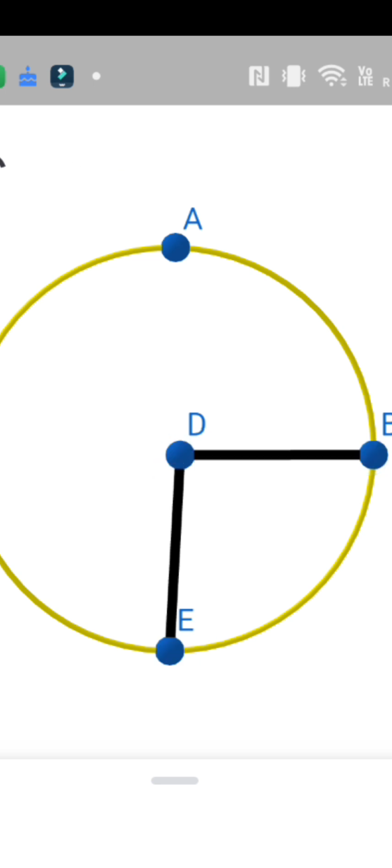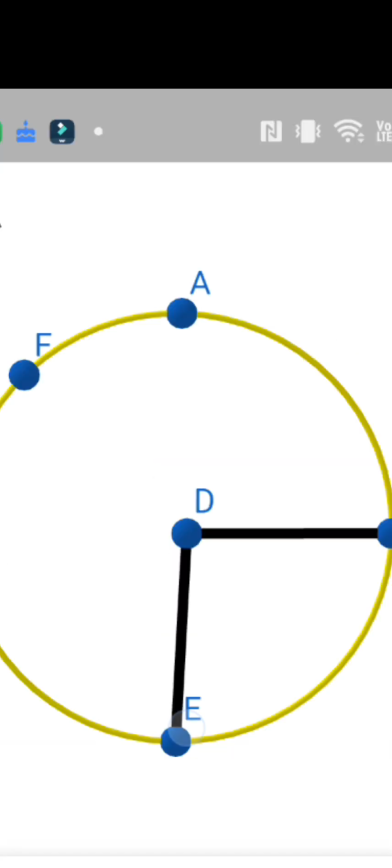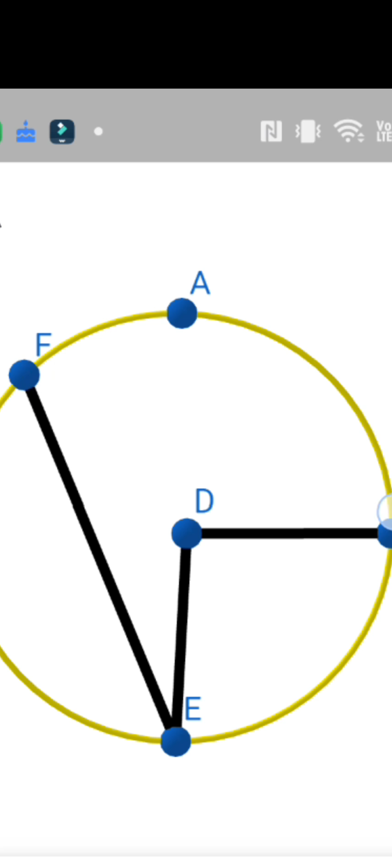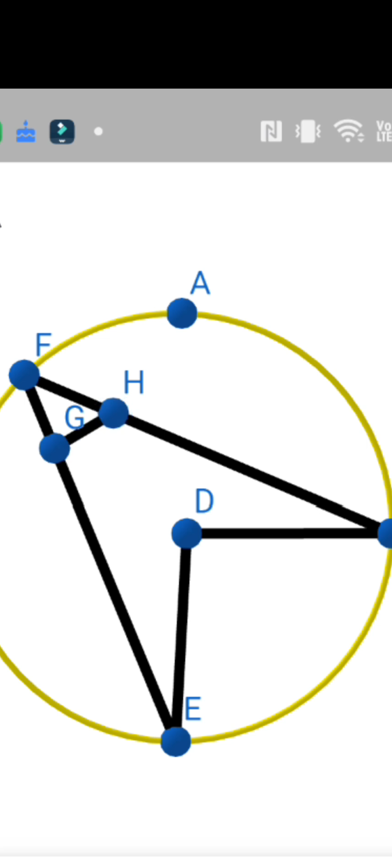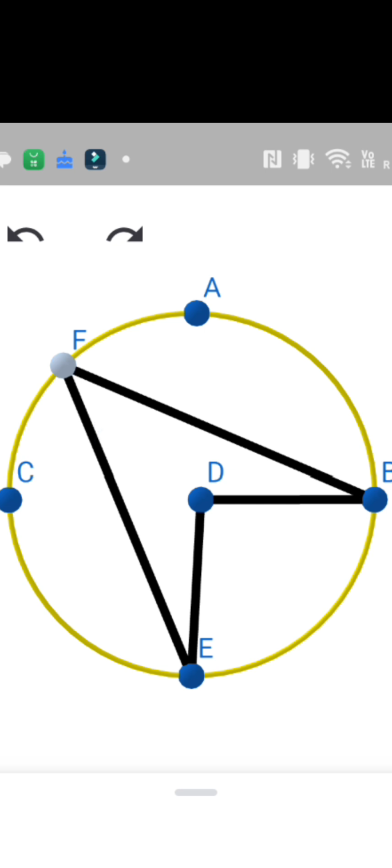Now from any arc of the circle, let's say EB, if we subtend an angle on the center, here it is angle D, and from the same arc if we subtend an angle on any circumference point of the circle, let's say EFB, then the subtended angle on the center is twice of the subtended angle on the circumference.